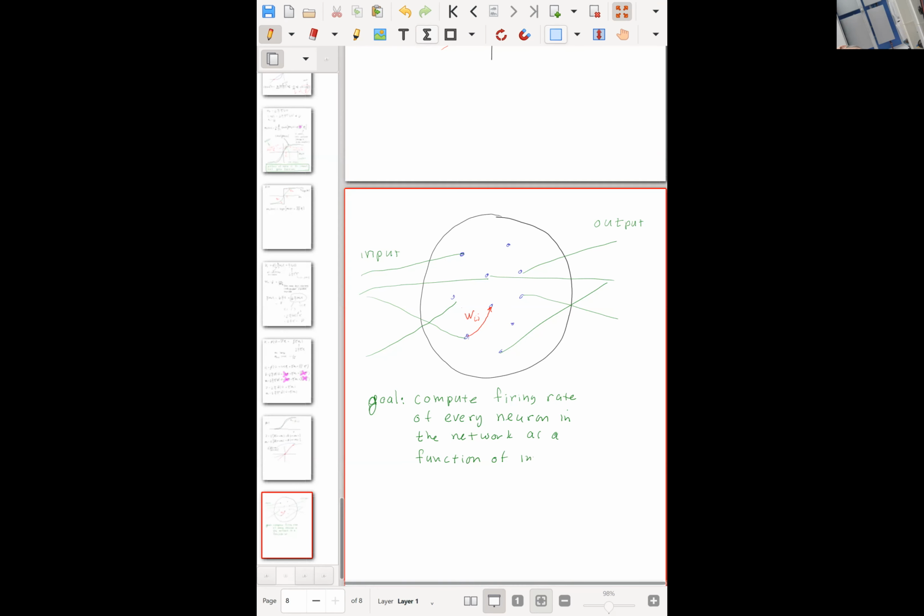Well, input, but really, and this is the important one, synaptic strength.